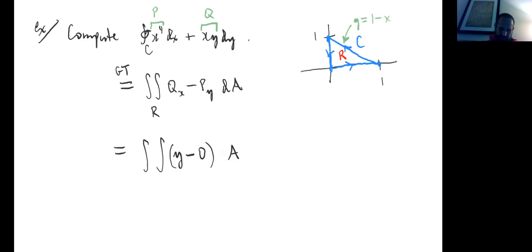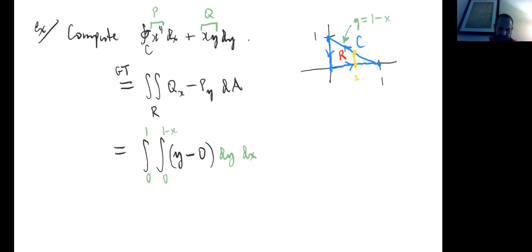I'll let x go between the numbers, so it's going to be dy dx. What are the limits of integration? Well, x goes between 0 and 1. Give me any x value. y starts at 0 and it goes up to the curve, so y goes from 0 to 1 minus x.